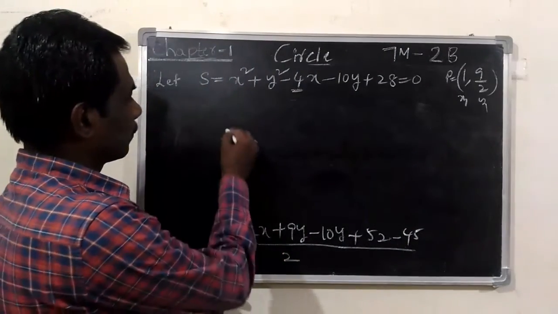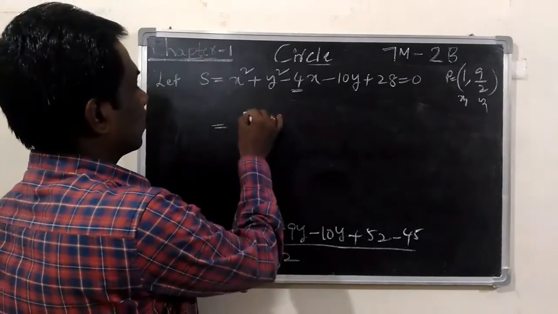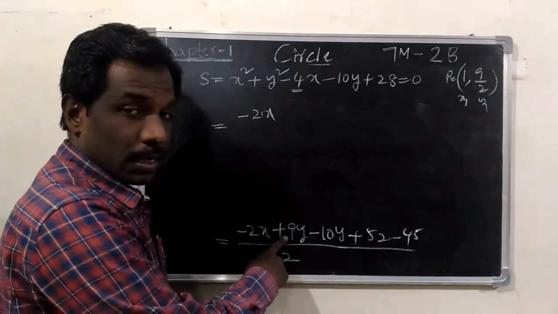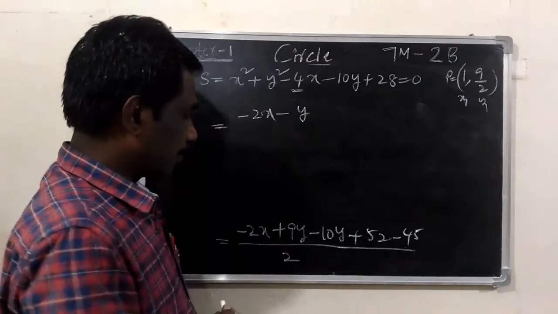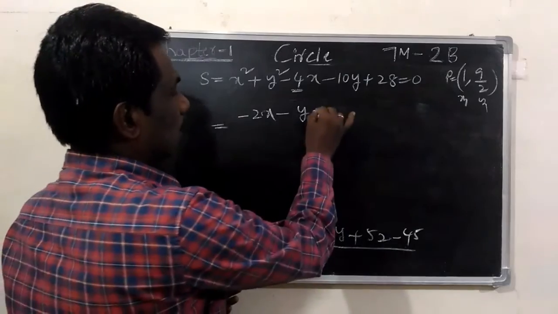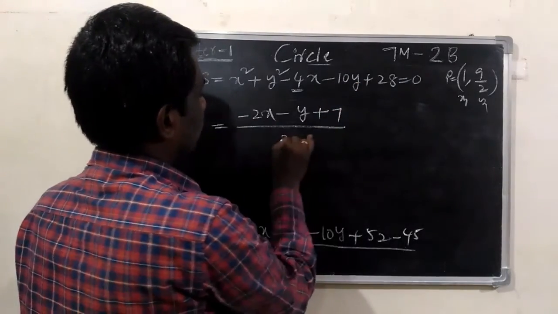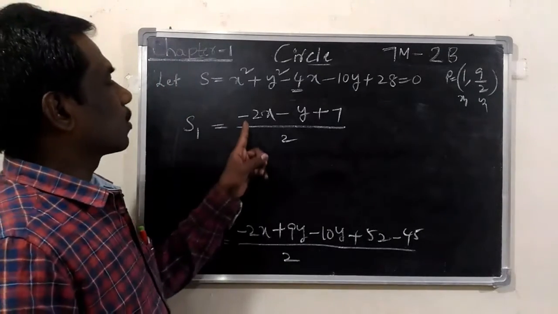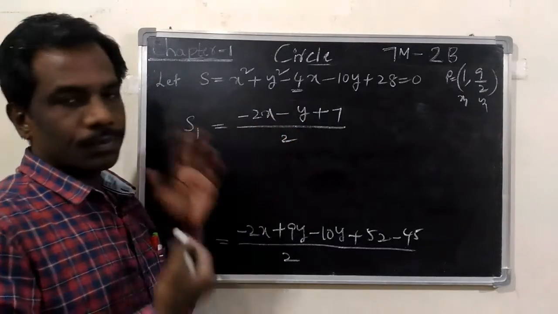Now simplify it: minus 2x, plus 9y minus 10y is minus y, and plus 52 minus 45 is plus 7 by 2. This is the S1. S1 is equal to minus 2x minus y plus 7 by 2.